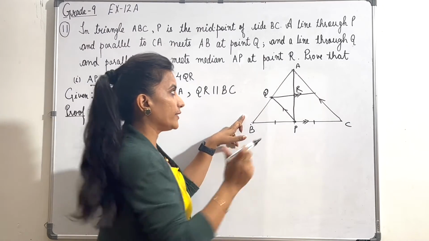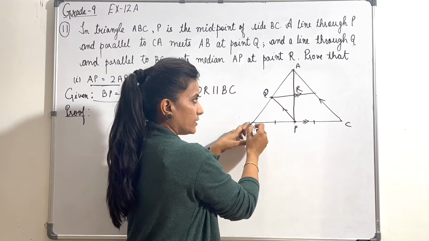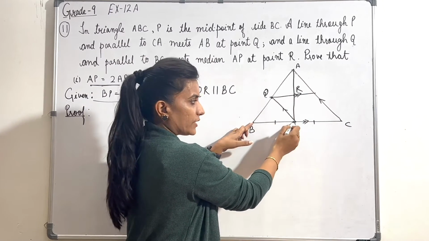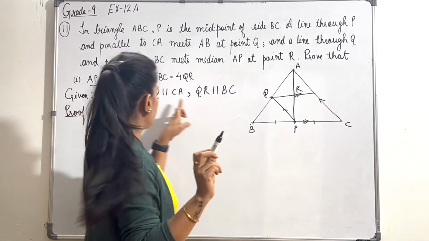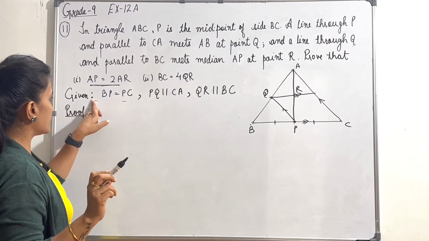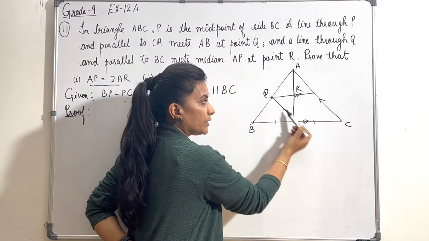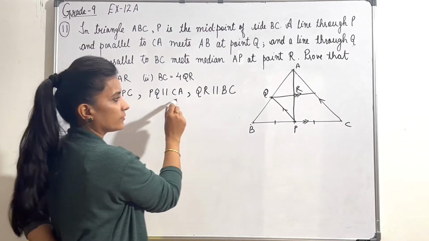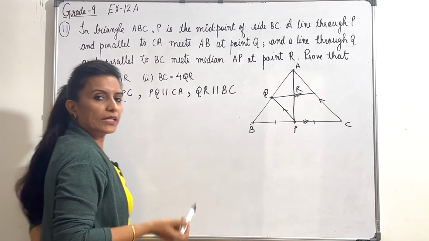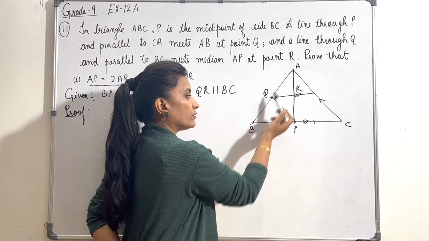For that you will take triangle ABC. Now in triangle ABC, P is the midpoint of BC. It is given here, right? And through P, this line PQ is parallel to CA. Even this is also given, correct? So from converse of midpoint theorem, we can say that Q is the midpoint of AB.